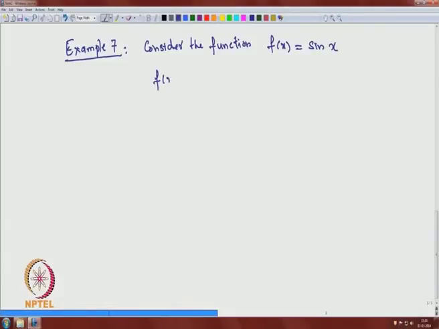To verify whether this function is Lipschitz or not, f(x) minus f(y), which is sin x minus sin y, and I want to show that if f is Lipschitz, then there exists a constant alpha such that this is less than or equal to that constant alpha times the absolute value of x minus y. So, how to show this?